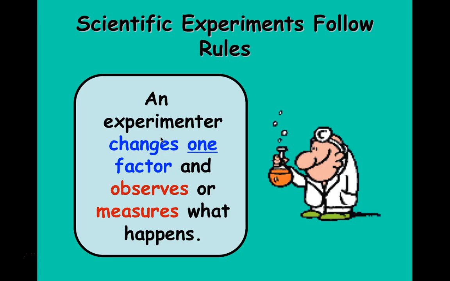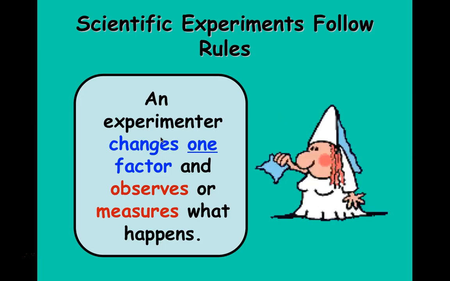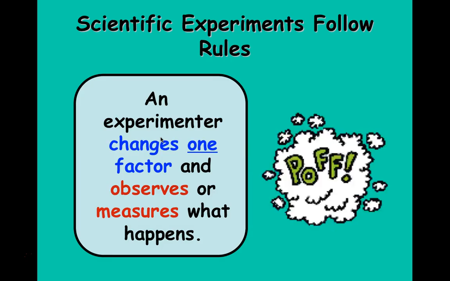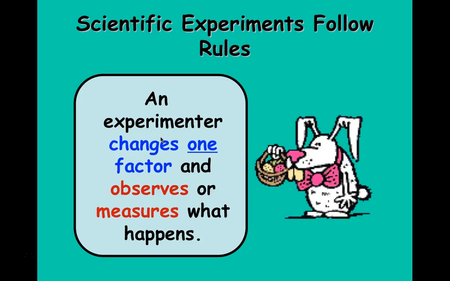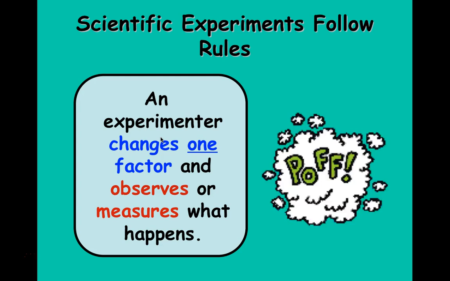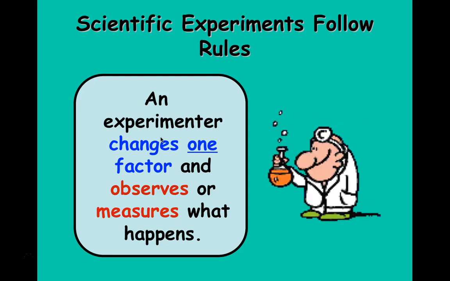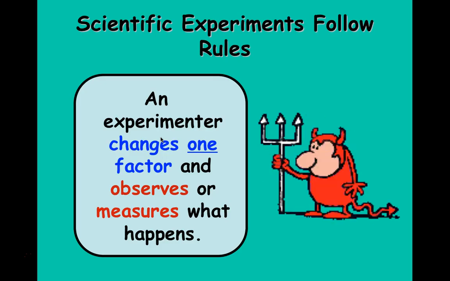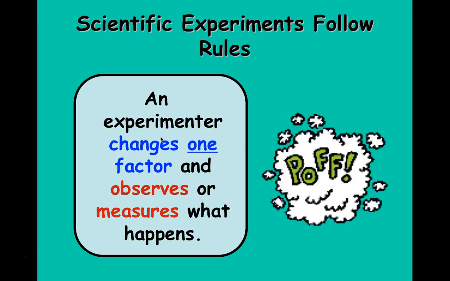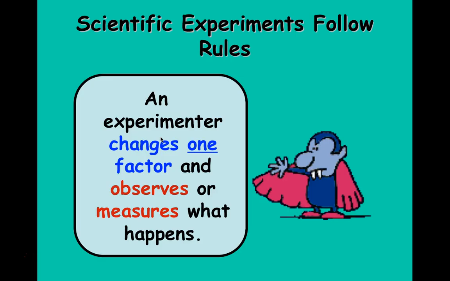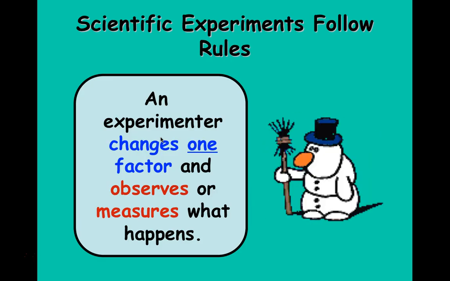So because we have two factors here, sunlight and water, you would have one experimental group where you leave the plants in the sunlight but don't water them, and then you could have a second experimental group, or you just do a completely separate experiment where you would have the plants in the darkness, but then you would be watering them.